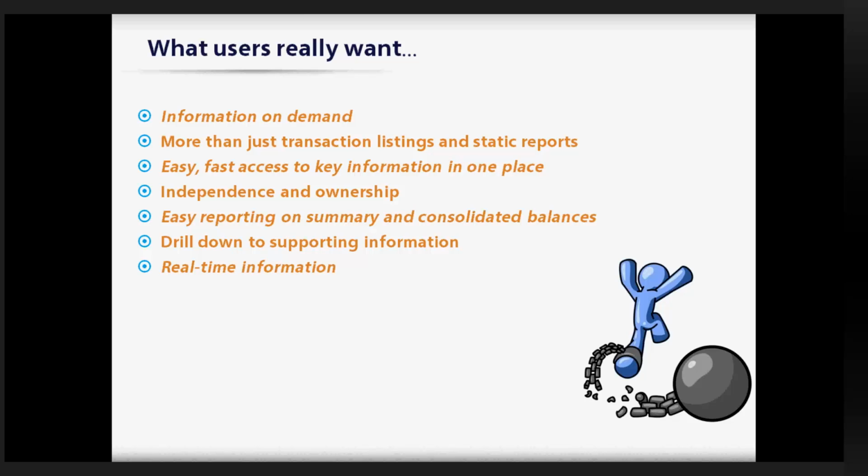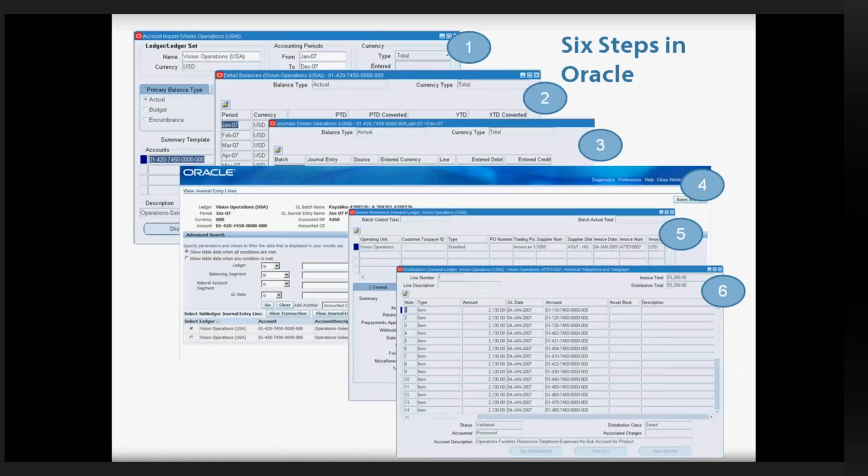This is critically important when it comes to things like month end, when you're trying to close your books and there might be new journal entries being posted to make adjustments and changes, and people need to be able to view that information and see the current state of the business without having to run another process or wait for that information to be updated in a reporting tool. Tracy is going to walk us through how things sometimes work in Oracle and how they can work in Insight.